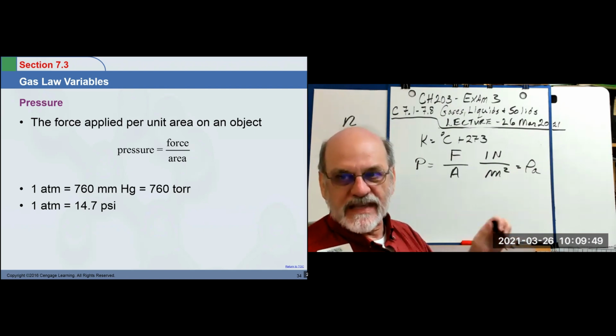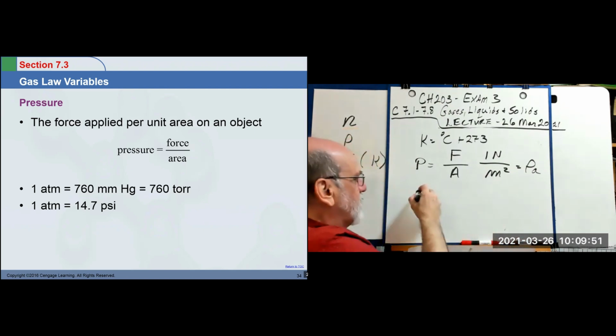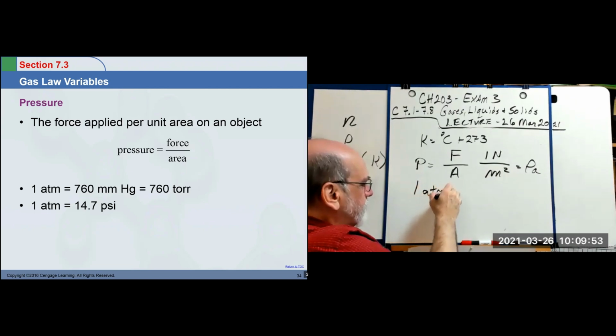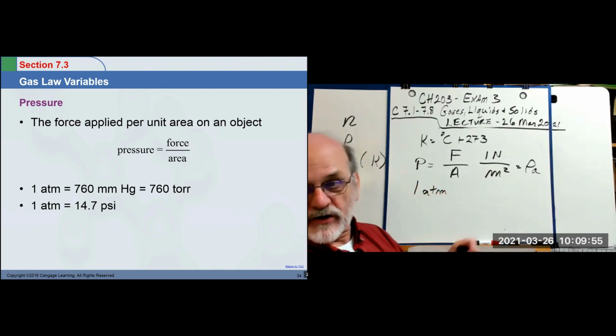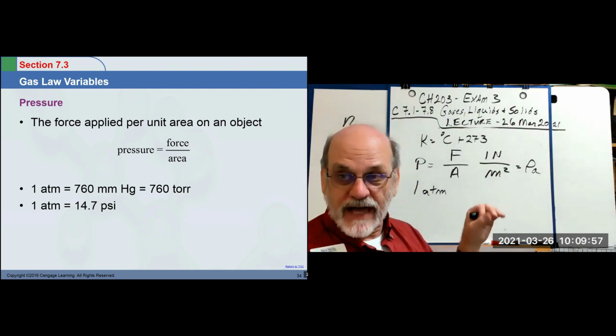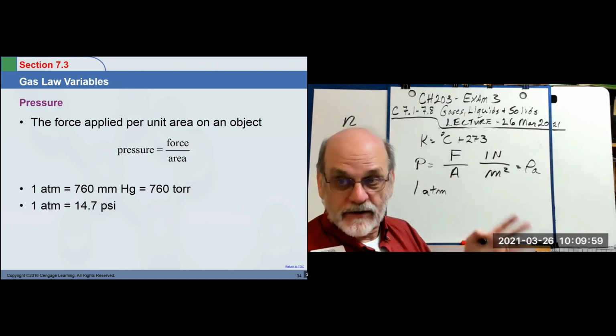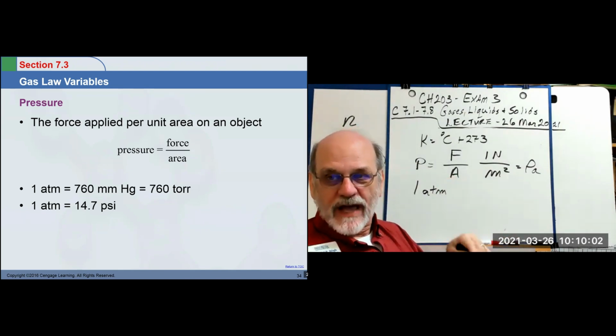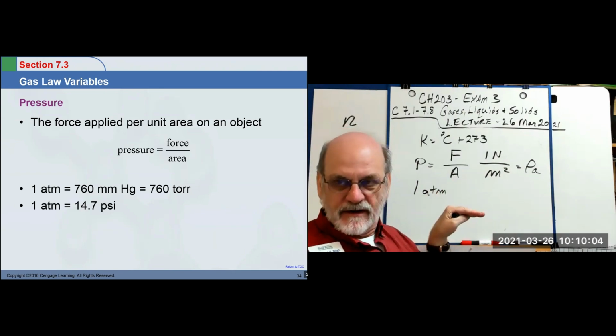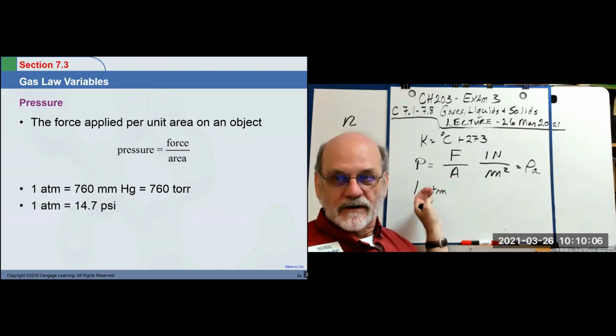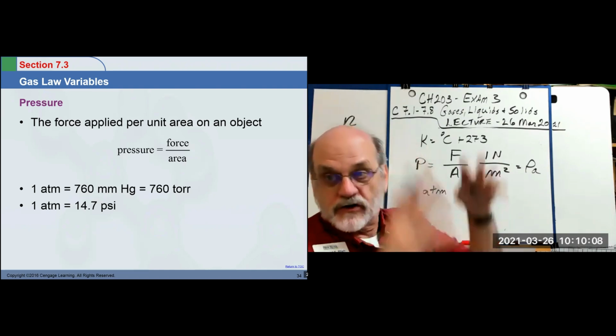One of those units is the atmosphere. 1 atmosphere is the pressure on average experienced at sea level. So we had to fix its conversion because we know that atmospheric pressure changes, right?